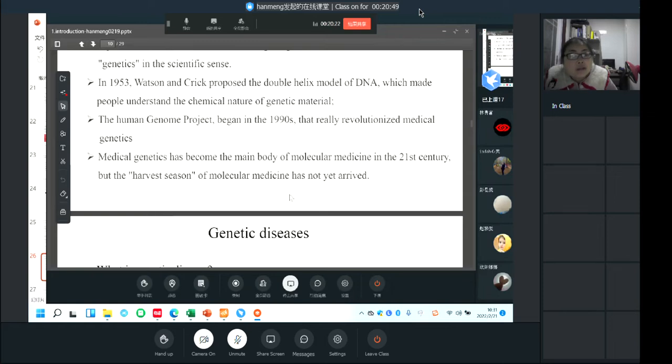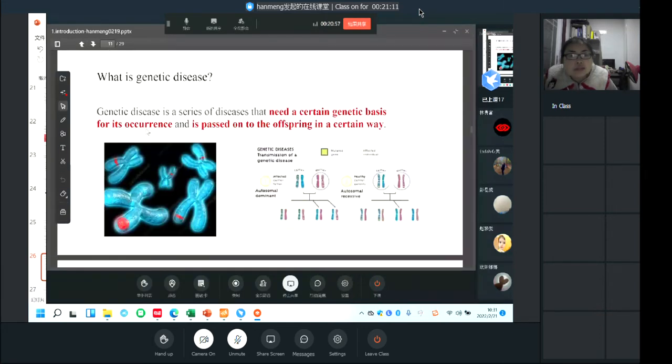A genetic disease is a series of diseases that need a certain genetic basis for their occurrence and are passed on to the offspring in a certain way.